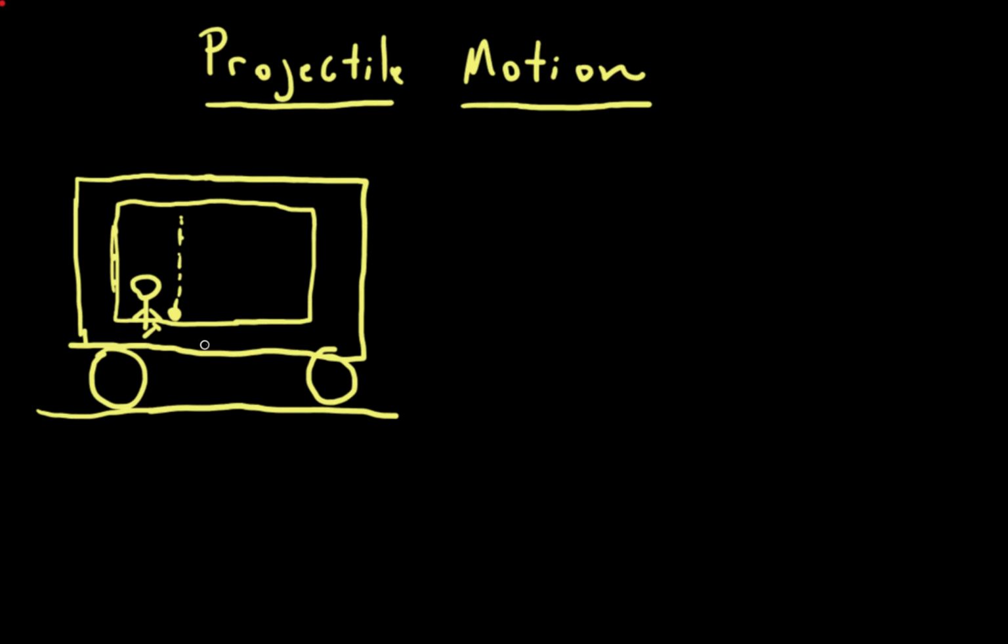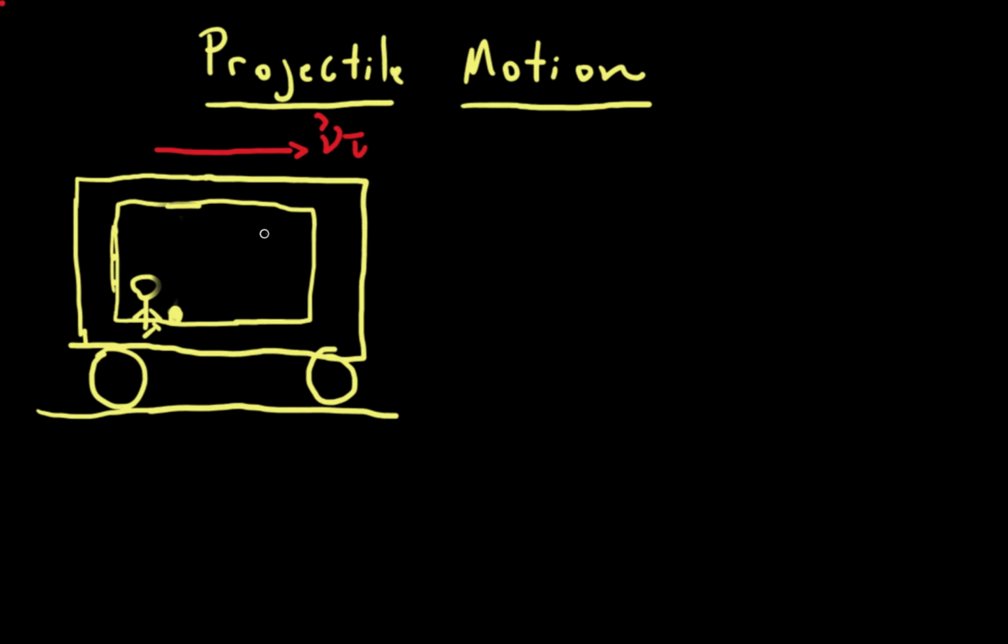That makes sense. Now stop for a minute and think about what you would see if this cart was moving. Let's say now the train is moving along with velocity v.